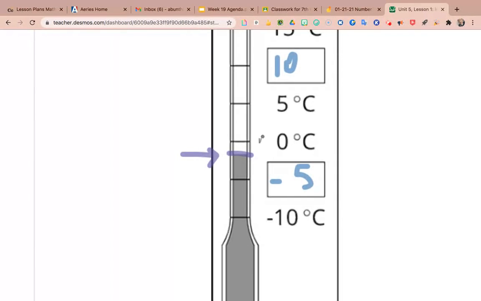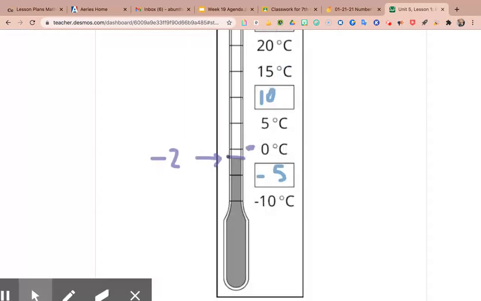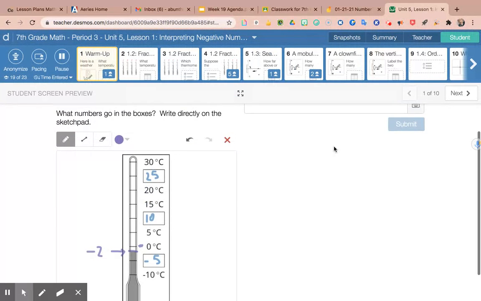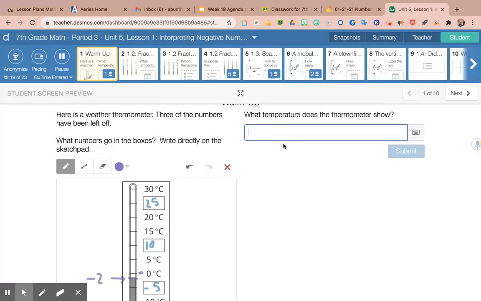So 0 is our special number that we start at, and then we just count down. So about 1, maybe 2 below. So 2 below 0. That's what the negative means. So start at 0 and count down, just like if you start at 0 and you count up. So right here, you'd put negative 2, and it should say excellent.